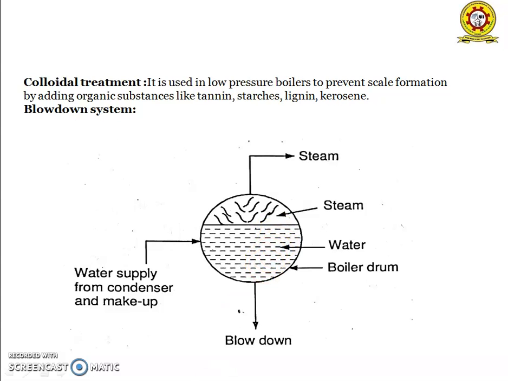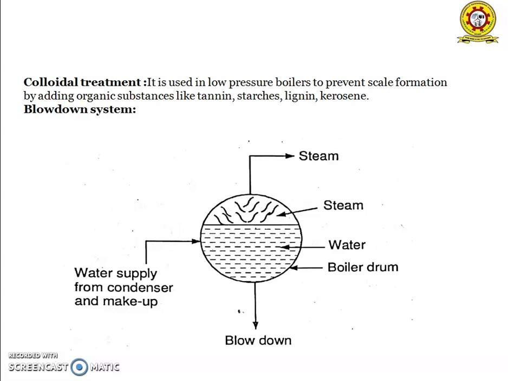This is called blowdown, and the discharged water is known as blowdown. The blowdown may contain undesirable impurities which concentrate at the bottom of the drum. As a result of the blowdown, the concentration of these impurities inside the boiler drum can be temporarily reduced.